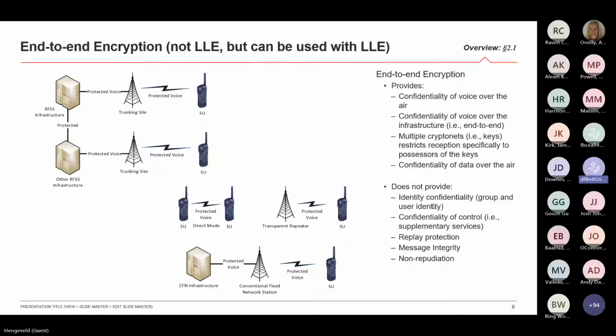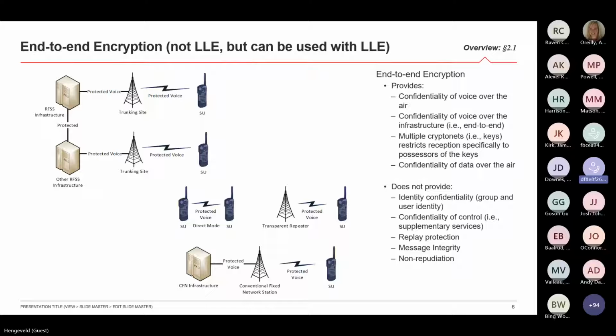So it doesn't protect identities. It doesn't provide confidentiality of control messages. We don't have a method today where things like status messaging or other supplementary services, emergency alert, and so on are encrypted. It doesn't provide replay protection. It doesn't provide message integrity, and it doesn't provide non-repudiation.